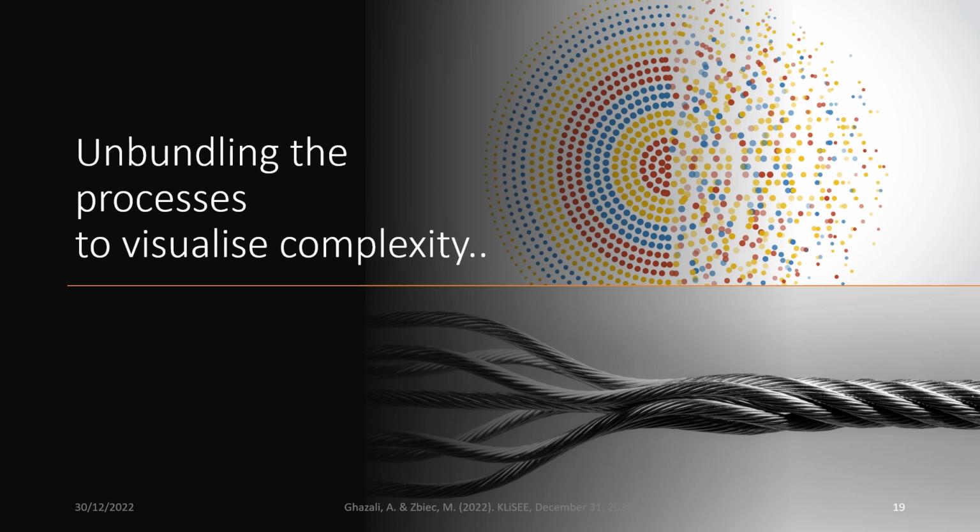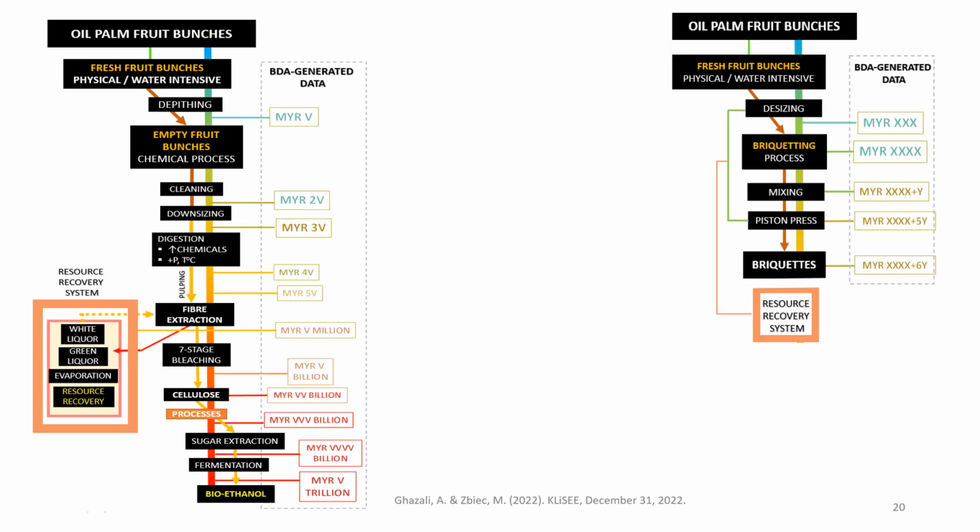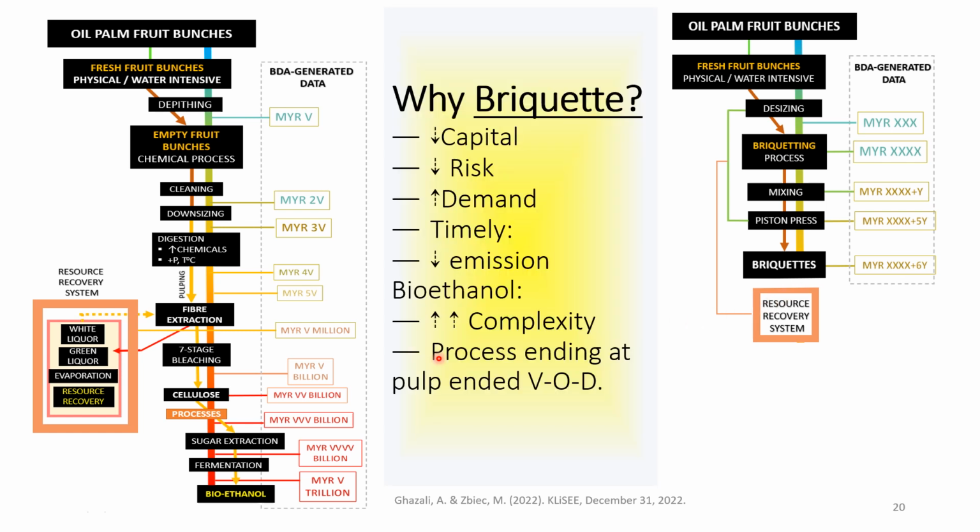So when we unbundle the process to visualize, we can compare. On the left is EFB conversion to bioethanol, involving something like $1 trillion capital investment, while on the right is EFB conversion to briquettes. Process is a lot simpler and rapid.